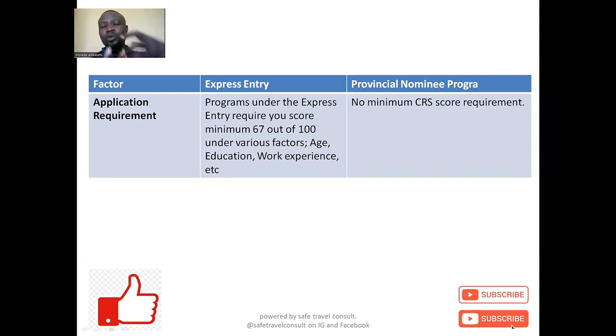That gives you the minimum score to enter the pool and join other candidates competing for permanent residency status. Work experience as well: you need a minimum of 1 year, and the higher your work experience, the higher your chances. I think 3 years is preferable. Once you have this, that means you have scored the minimum 67.